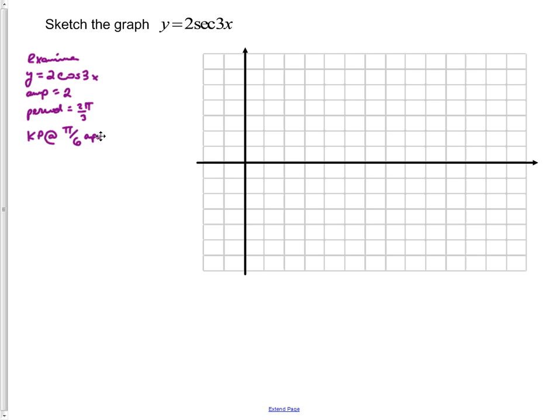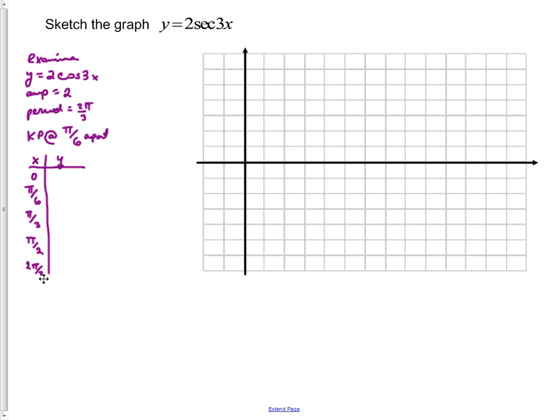Right, so if I'm graphing 2 cosine of 3x, the easiest way to deal with it, let's see, x, y, our key points here, we would have within one cycle starting at 0, key points that are pi over 6 apart, so 1 pi over 6, 2 pi over 6, 3 pi over 6, and 4 pi over 6, which becomes 2 pi over 3, right?